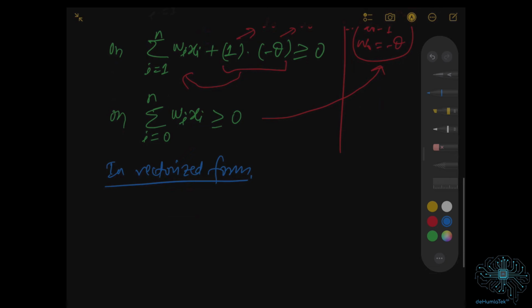If we expand this equation, let's assume w is the weight vector, which is the collection of all those weights, and x is the vector of all the inputs, x naught, x1 to xn.